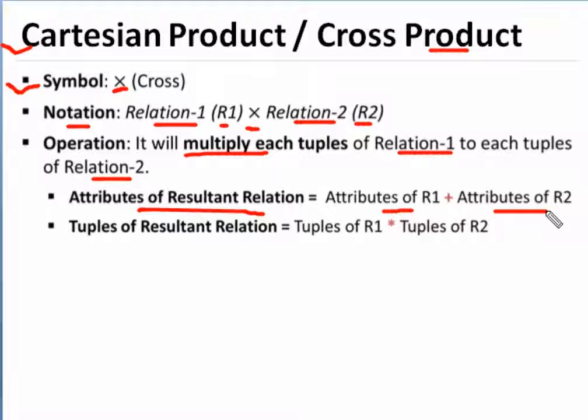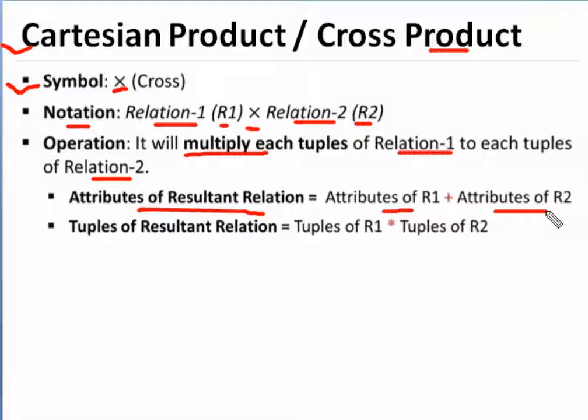So the attributes will be added here. So suppose in relation R1 we have 2 attributes, and in relation R2 we have 3 attributes, so 2 plus 3. Okay, so in the result table of the cross product we will get 5 attributes.